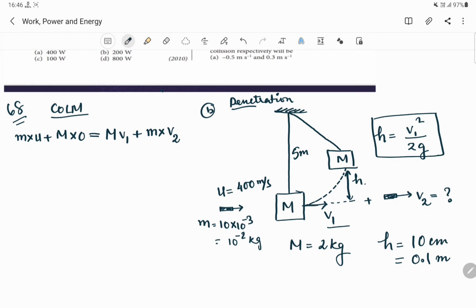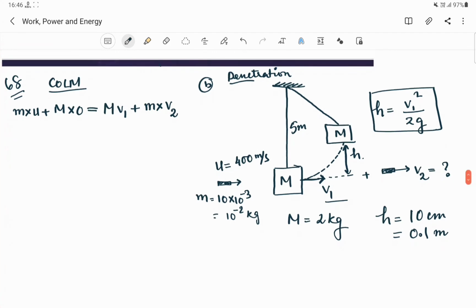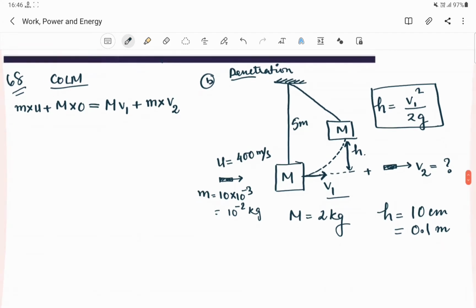If we are able to find the velocity with which this hanging block is moving after collision, v1, then we can easily find v2, because M is known and u is also given. Therefore the unknown parameter to be found is v1, and this can be calculated from the given formula.